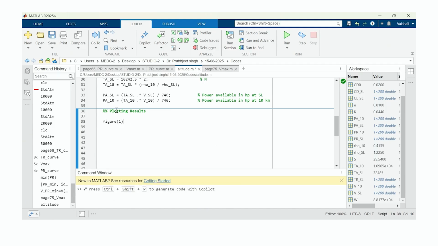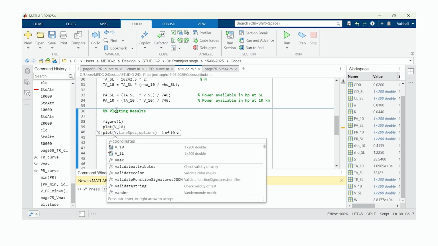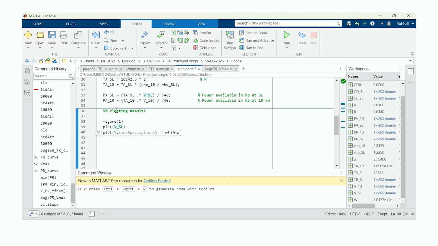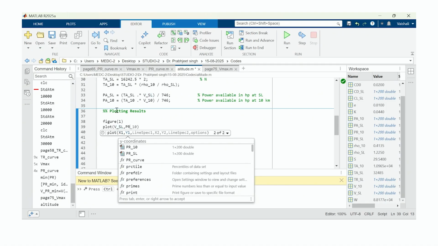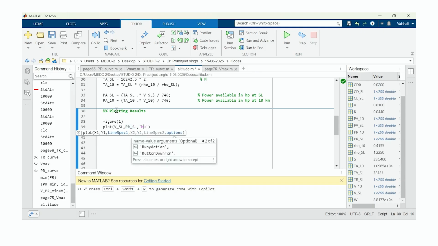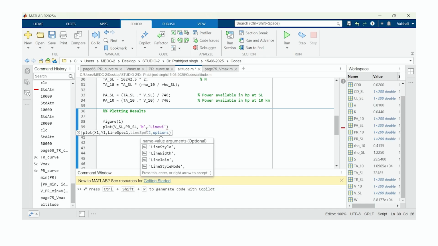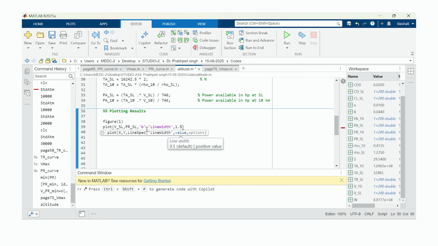Now let me write here figure 1. This figure 1 will have plot V_SL, comma, PR_SL, comma, let me denote this by a black line, 'k', then line width, let us take it as 1.5.